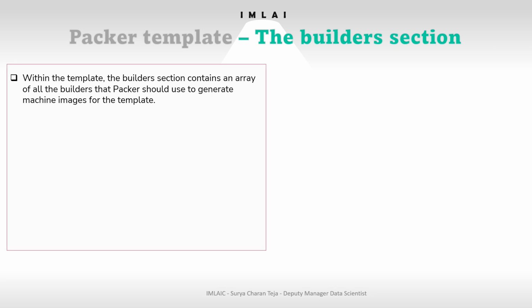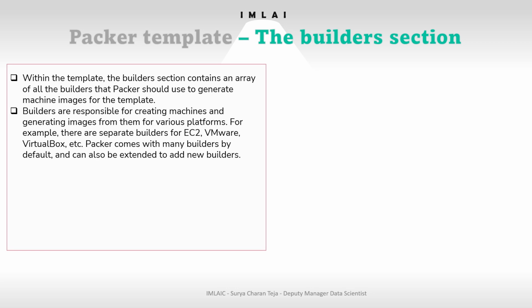These are the information that will be provided in the builder section. Within the template, the builder section contains an array of all the builders that Packer should use to generate machine images for the template.